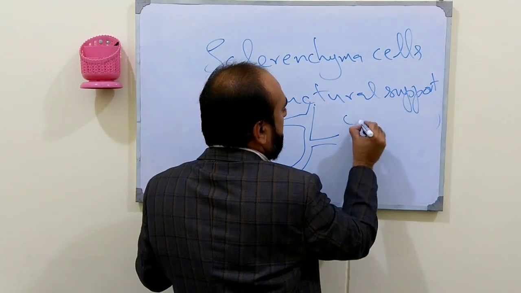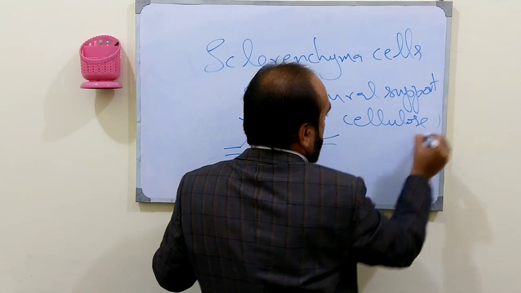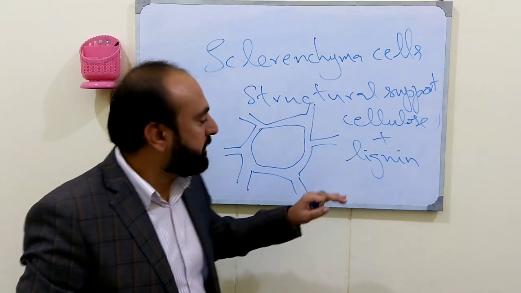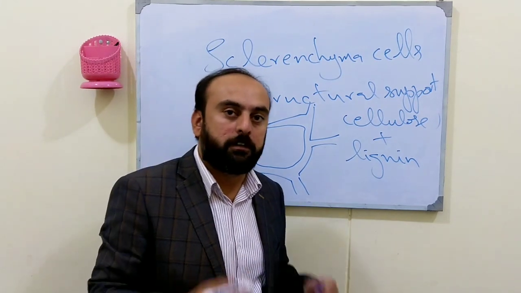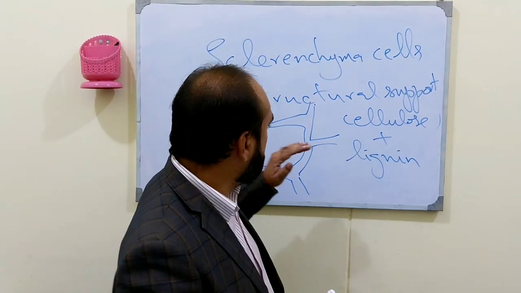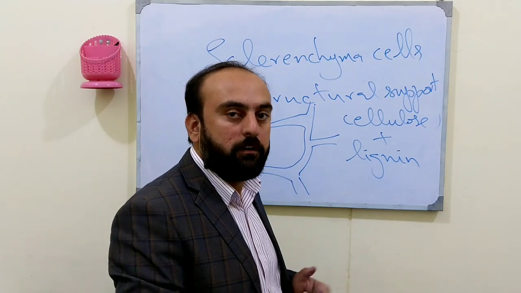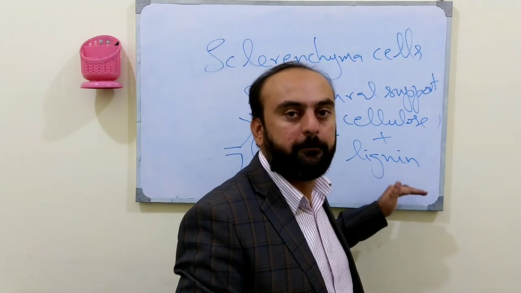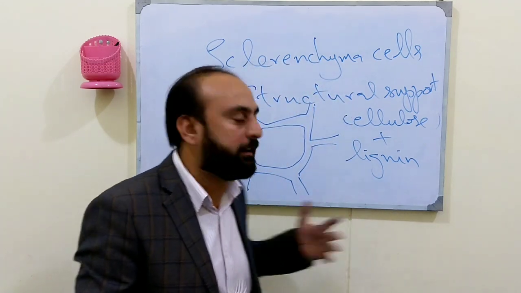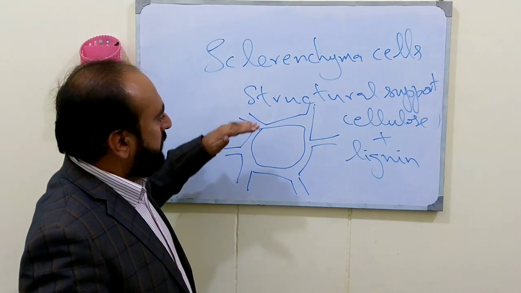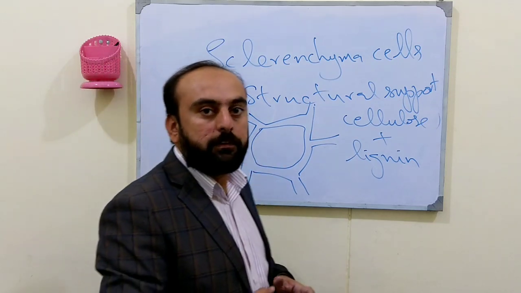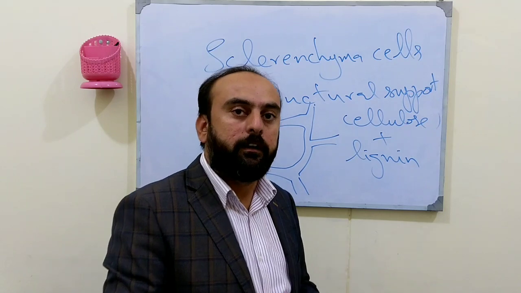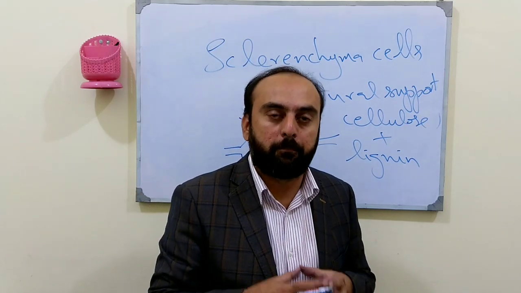So these cells contain cellulose and lignin. Lignin is an organic substance that gives super toughness to the plant, and their thick secondary walls are thickened by the presence of this lignin. They are also called lignified. So in addition to the structural support, they are also responsible for transport of water and nutrients throughout the plant body.